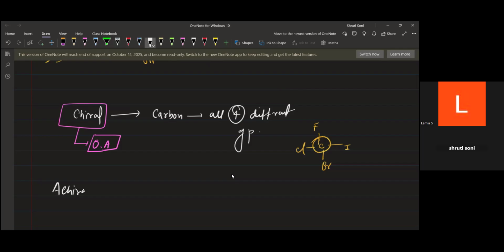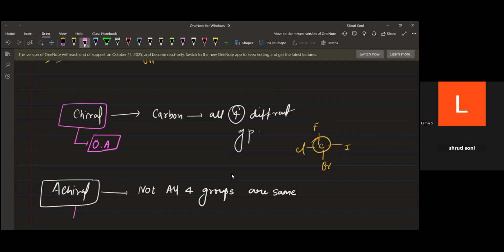Achiral means they don't have all four different groups. Two groups can be similar, or three groups can be similar. So when the compound is not chiral, then it will definitely be achiral, and achiral compounds are optically inactive.